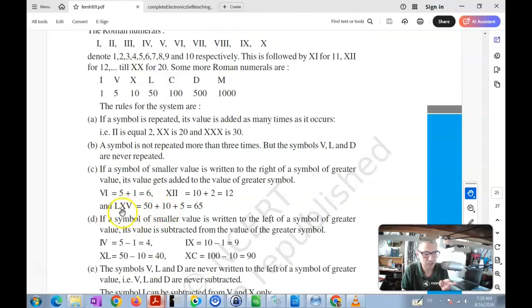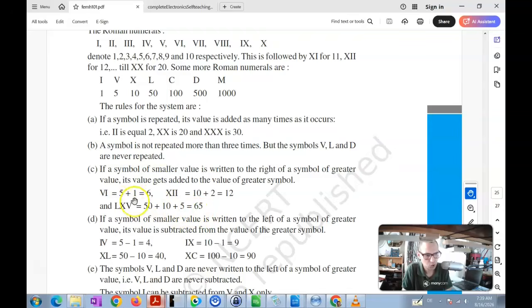Then after that, the largest one is the 10, and then that's a 5. Otherwise, if you mess this up, then the value of that smaller symbol is going to be subtracted from something in the number, and whatever you get, the number 65, you're not going to get.